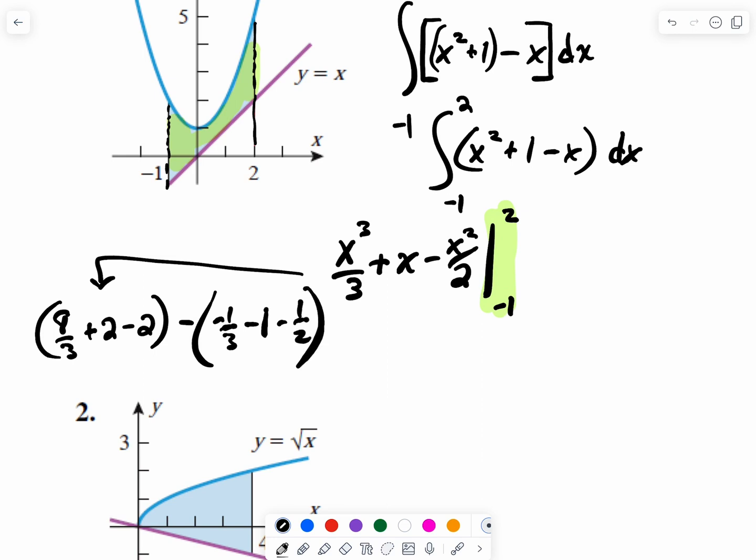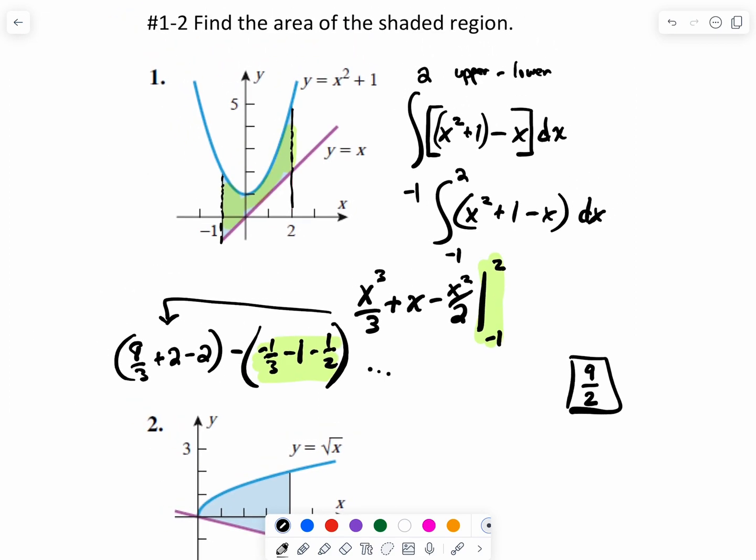I'm going to leave it for now. Do the math. You should get 9/2 or 4.5. So please make sure you come to terms with that fraction there. It's just in a denominator of 6 and you'll get 9/2. So that's one example of how to do it by hand without a graphing tool.